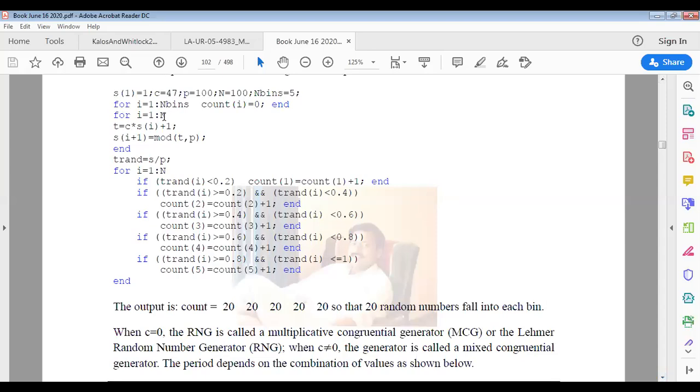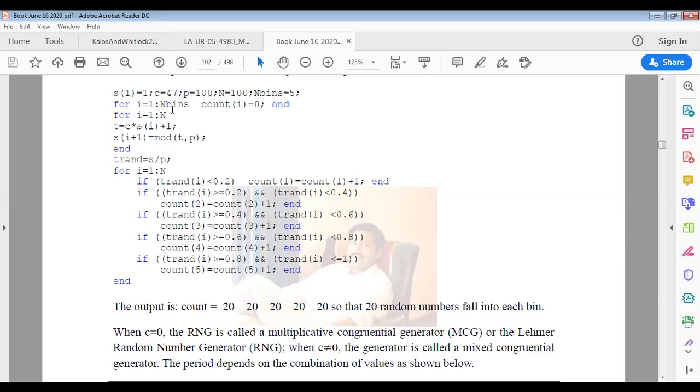And just to test the system, let me make 5 bins, and each one is of equal width. So the width of the first bin is 0.2. It goes from 0 to 0.2, second goes from 0.2 to 0.4, then 0.4 to 0.6, then 0.6 to 0.8, then 0.8 to 1. And let's count how many of these 100 fell into each bin.